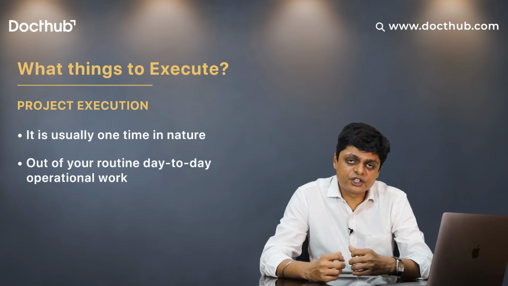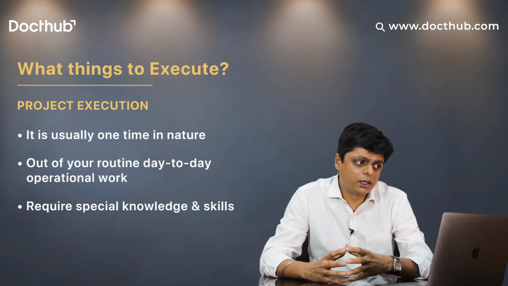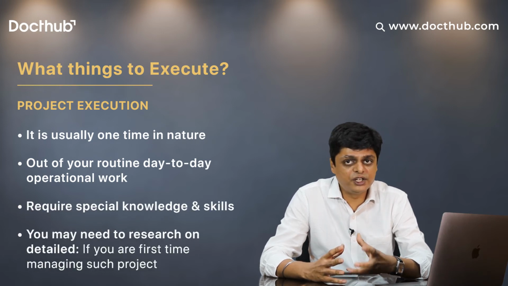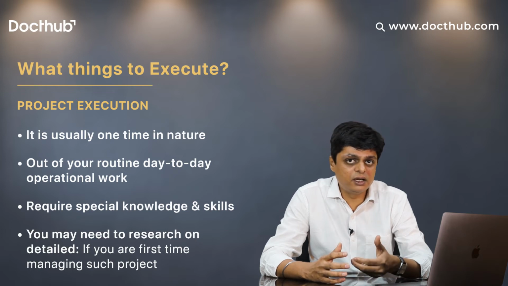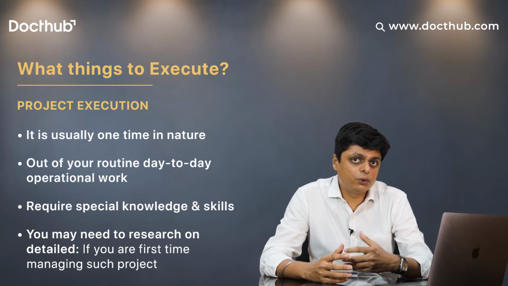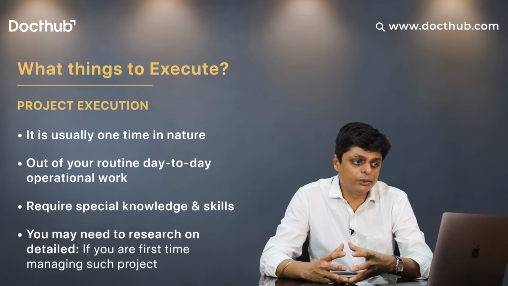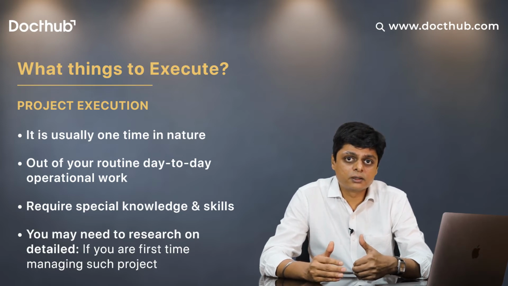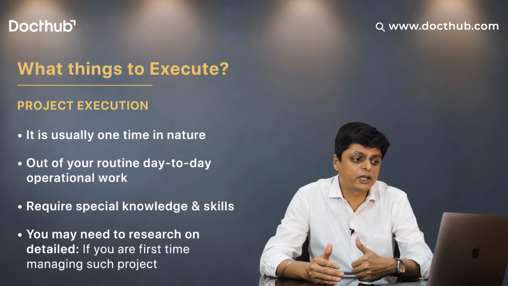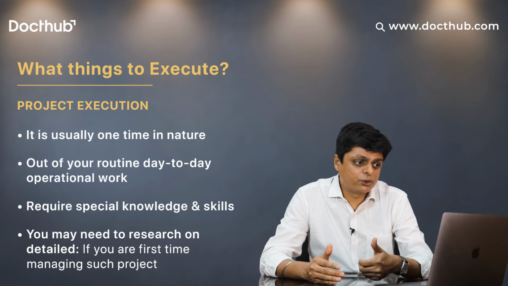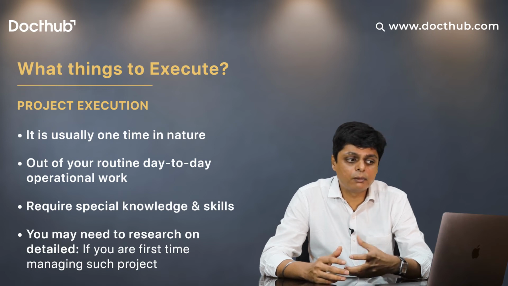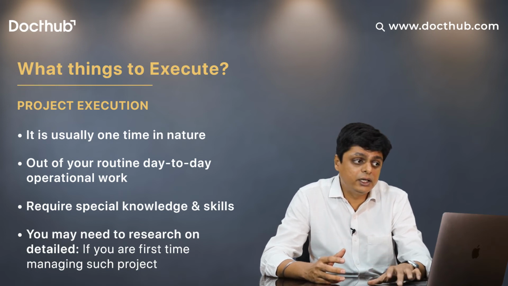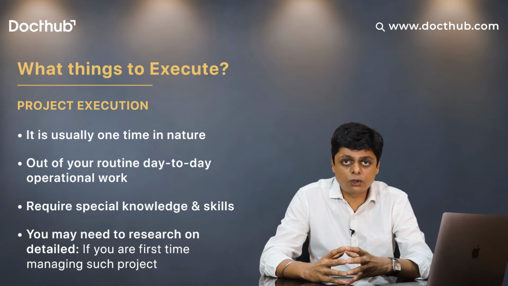So it requires special knowledge and skills, and you may need to research in detail whenever you come across a particular project, because it is not your routine work. You have to take some time to research and learn about the particular project, and then you can go for the execution. If you are managing such a project for the first time, you definitely have to work on the detailed aspects.